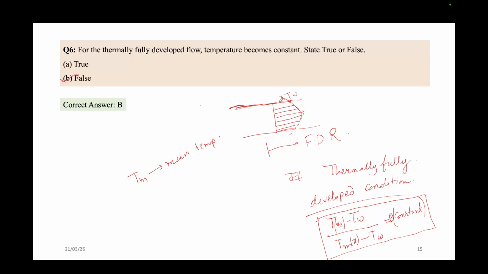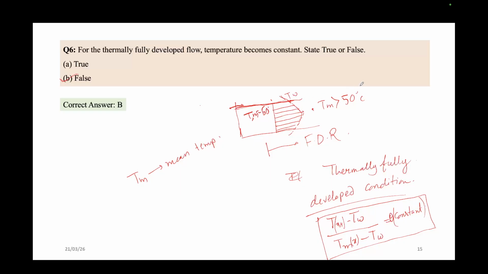If at this point Tm is 50 degrees, then at a later point Tm should be more than 50 degrees, because we are continuously supplying heat, right or wrong?